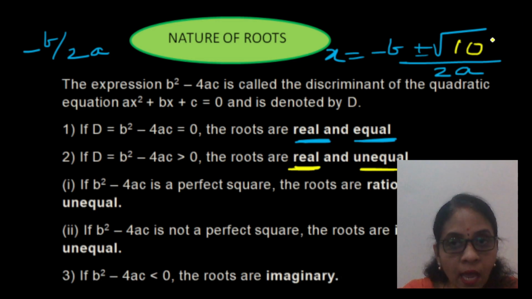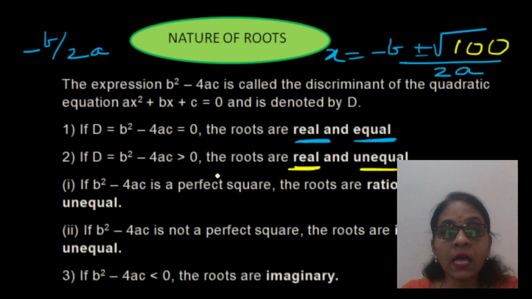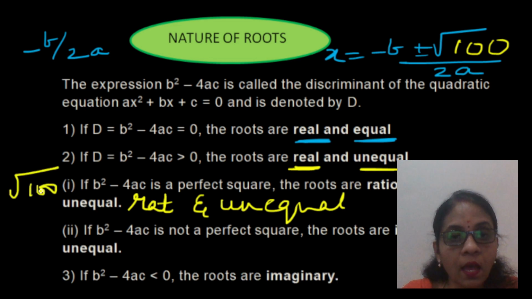Now, if it was 100, what is the square root of 100? You all know it is 10. Now, listen to this statement carefully. If b square minus 4ac is a perfect square, the roots are rational and unequal. A perfect square is like root 100.